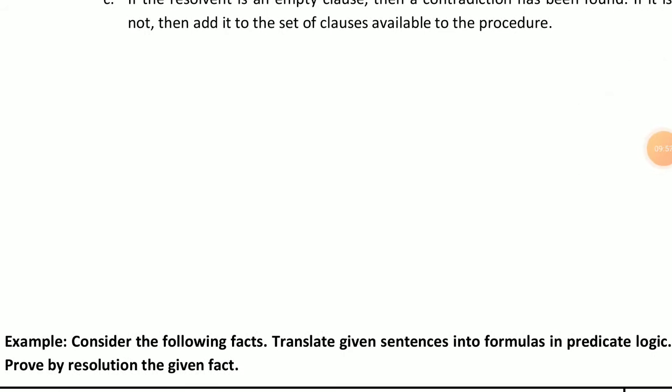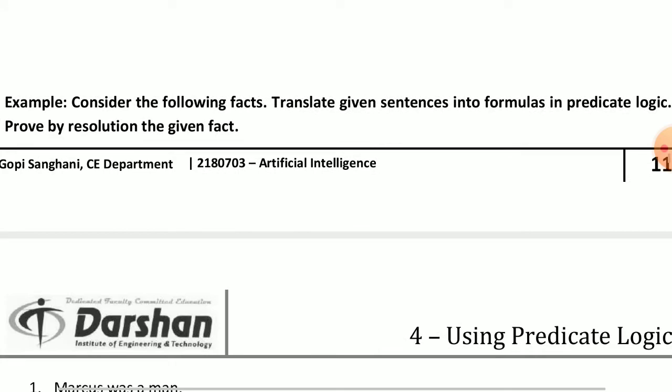For example, consider the following facts. Translate the given sentences into formulas in predicate logic. We can consider some basic facts and then convert those sentences by using the formulas, predicate logic formulas, and prove the given fact by using resolution.